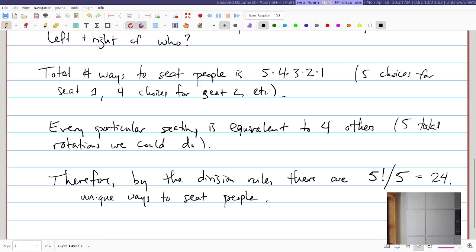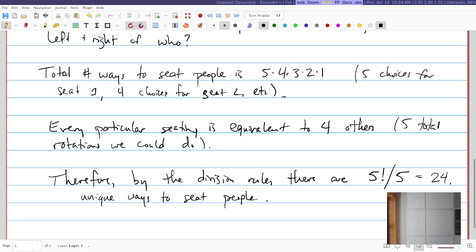As a further example, what if I also didn't care which side of me people were sitting on? If I'm sitting next to the same 2 people, I don't care whether they're on my right and left or my left and right. If everyone is sitting next to the same 2 people, then I also want to consider that equivalent.